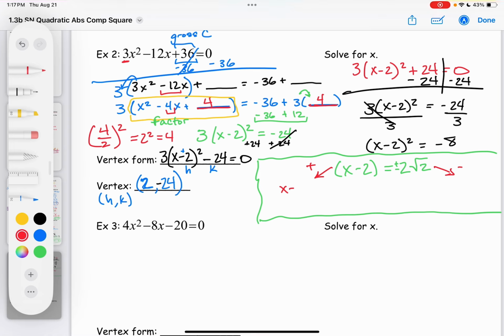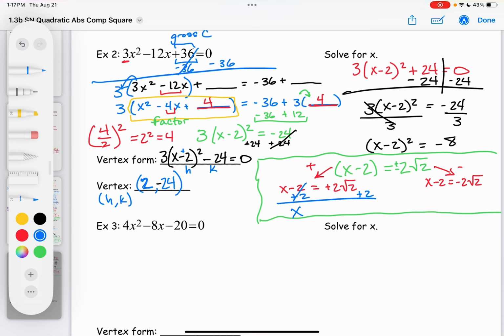So I'm going to do x minus 2 equals positive 2 square root of 2. On this side, I'm going to do x minus 2 equals negative 2 square root of 2. And I'm going to add 2 to both sides, but these are mixed numbers, not like terms.